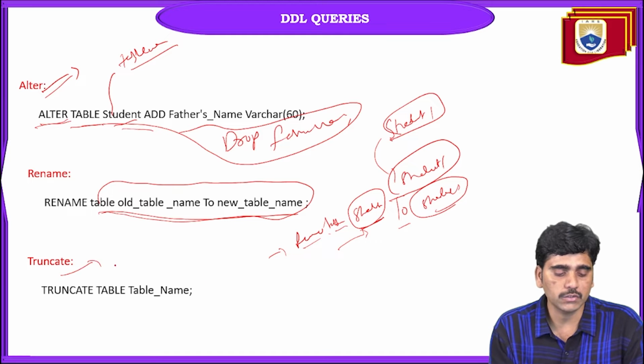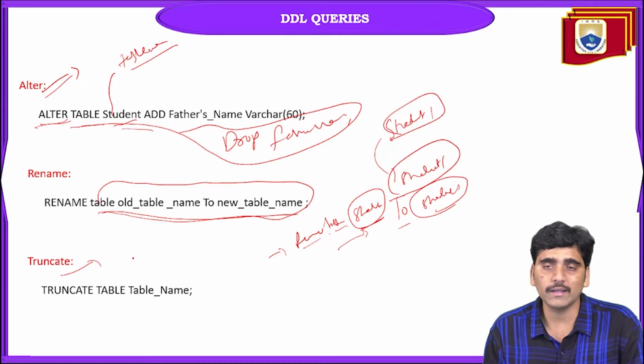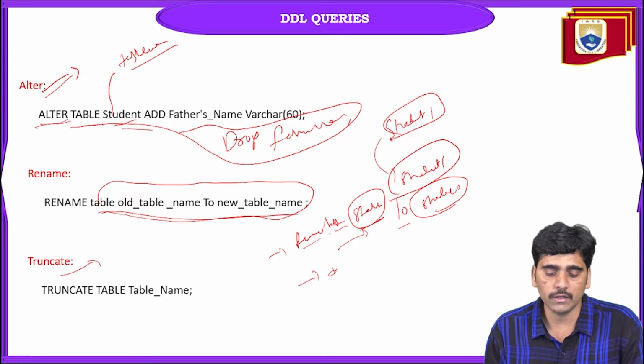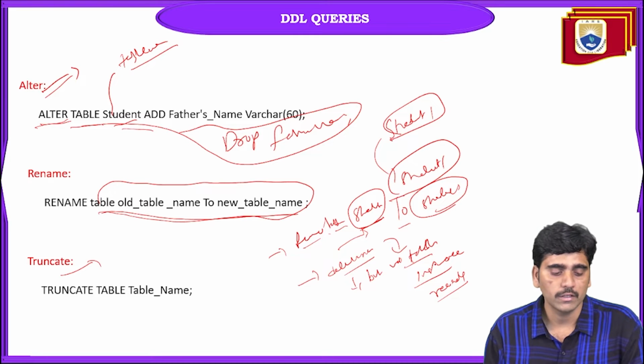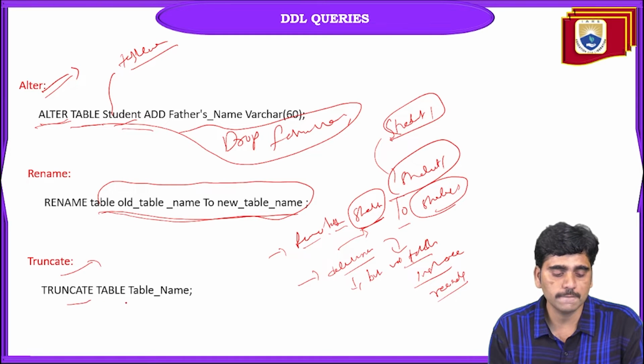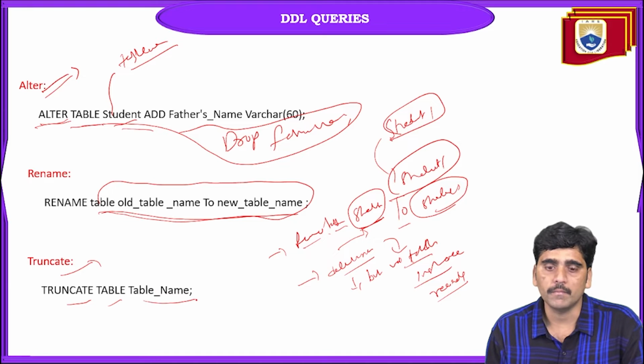And truncate. We already know that the truncate command is used for deleting the table records, but not the table. Table is there, table instance is there, but it only deletes the records of the table. So how is the syntax? Truncate table name.